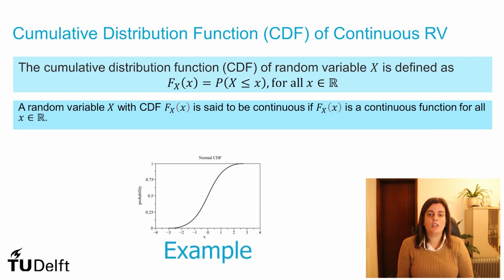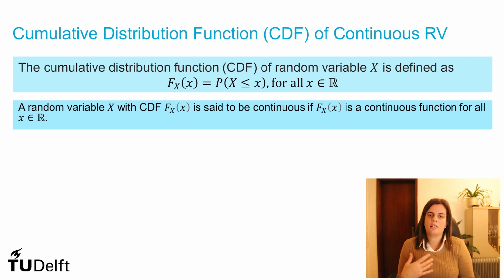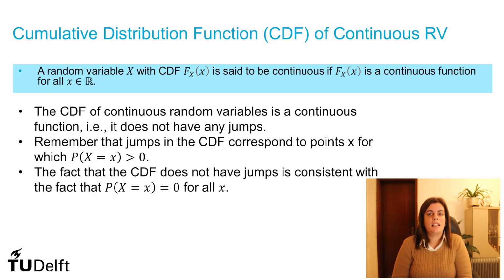The fact that the cumulative distribution function does not show any jumps, that it's continuous for continuous random variables, is consistent with the intuition that the probability that the random variable assumes a given value equals 0. So we can also say that a random variable is continuous if the cumulative distribution function is continuous.